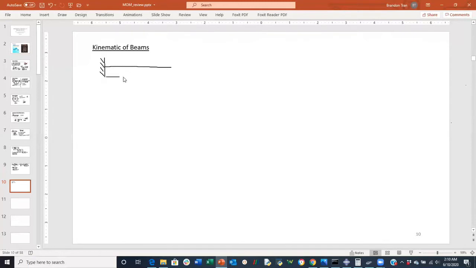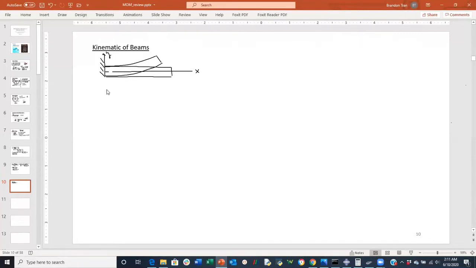Okay. So here we just have a simple cantilever beam. Let's assume it bends like this, this direction being y. And let's look at this in a top-down direction.